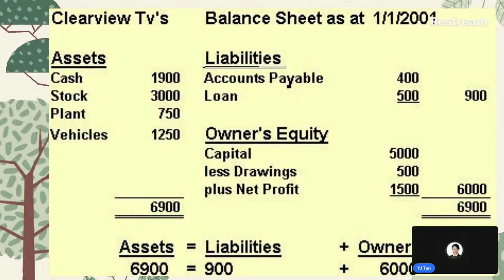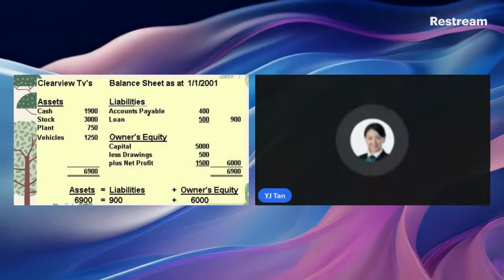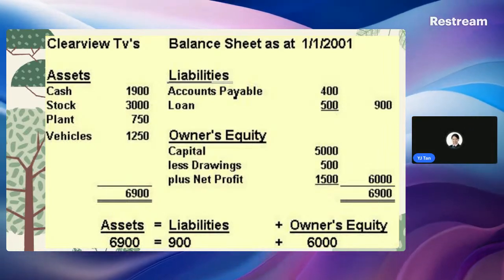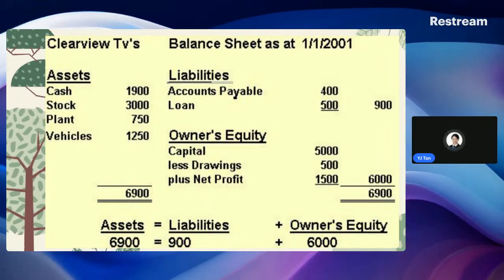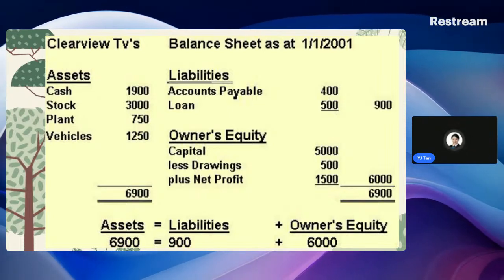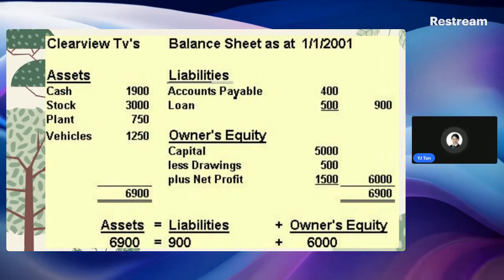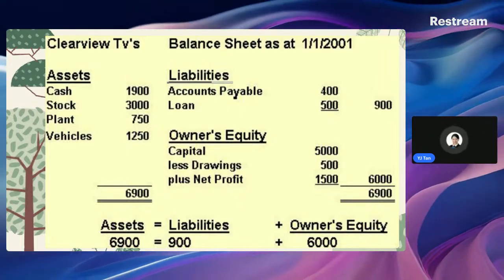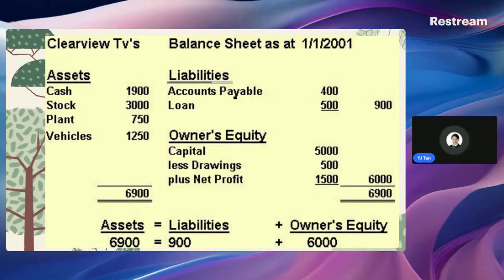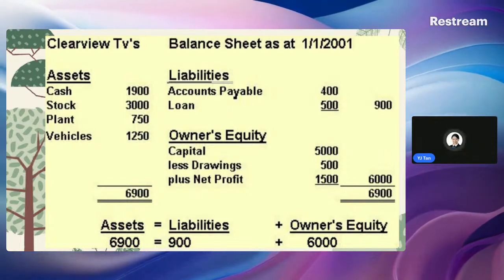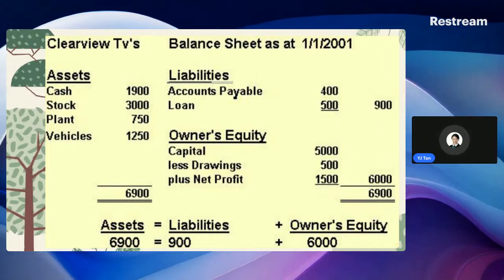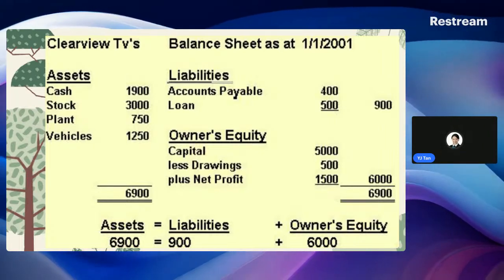Here is an example I want to show you. Let me put it on a bigger screen so that you can see better. You see assets on the left, and on the right there are liabilities and owner's equity. From this statement of financial position, you can see that the capital, which is equity, is originally 5,000, less drawings, which means withdrawals, of 500.